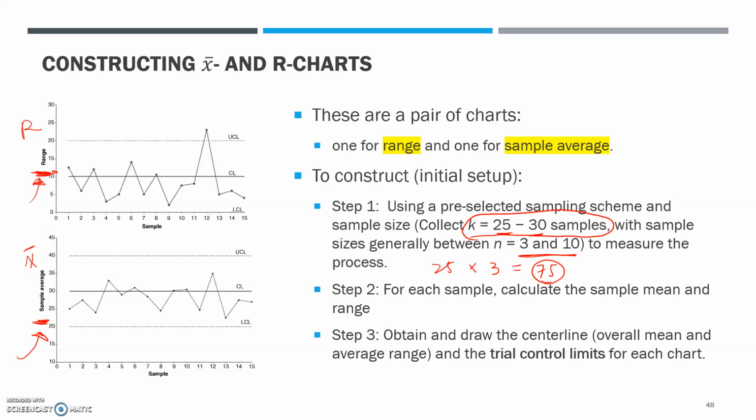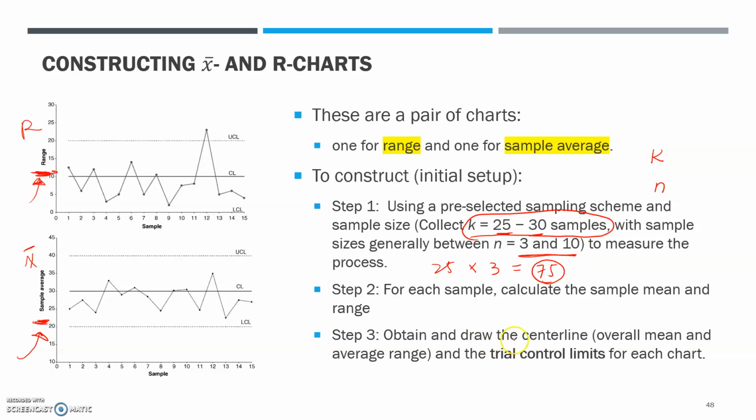Usually the number of samples is indicated using capital K, and sample size using lower case k. So for each sample, calculate the sample mean and the range. Okay, that is going to be the initial data to construct the X bar and R charts.